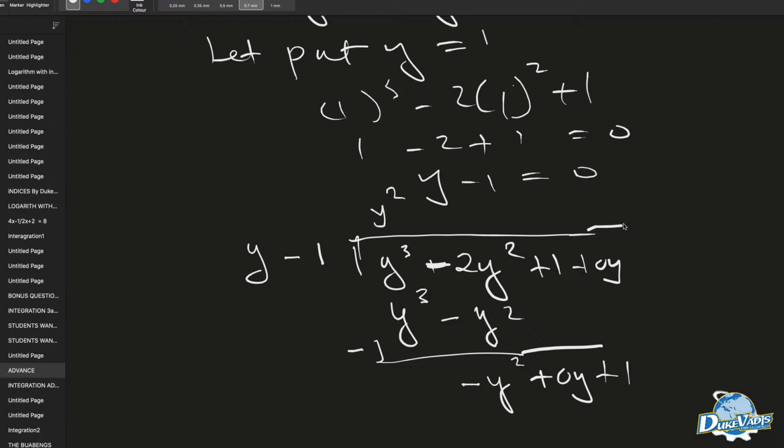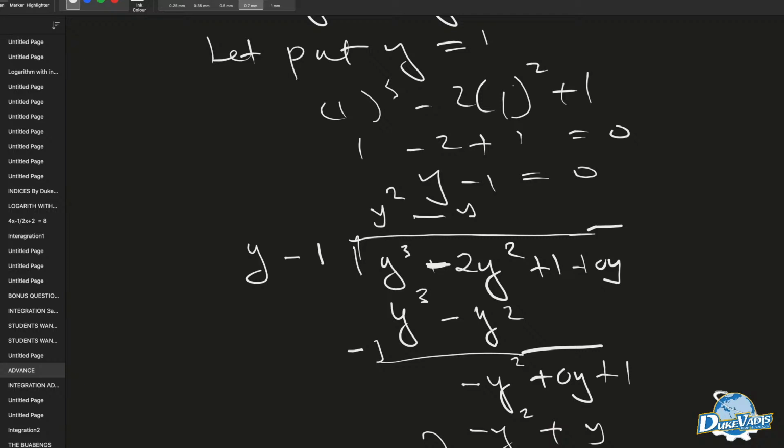Now this multiplied by that gives us minus y squared plus y, then this will give us minus y.